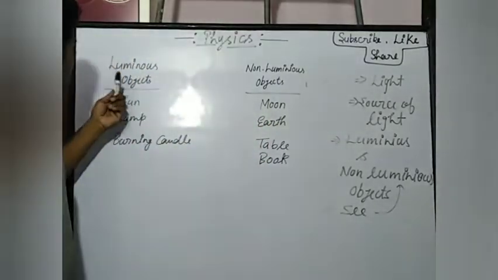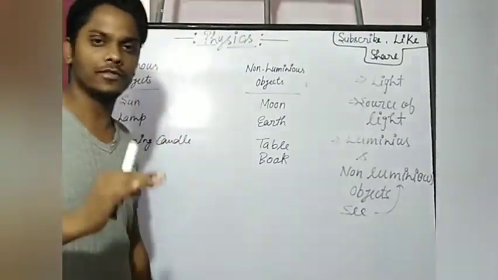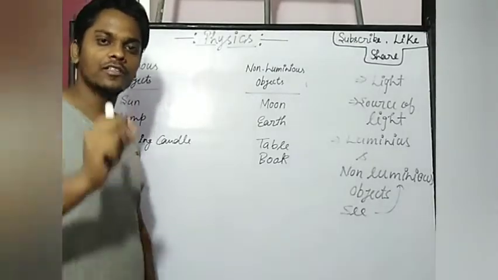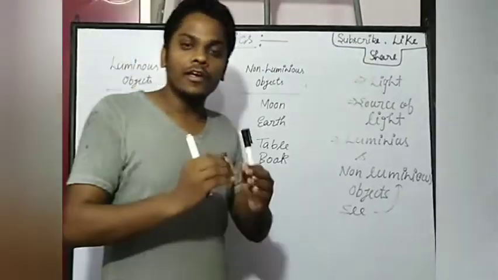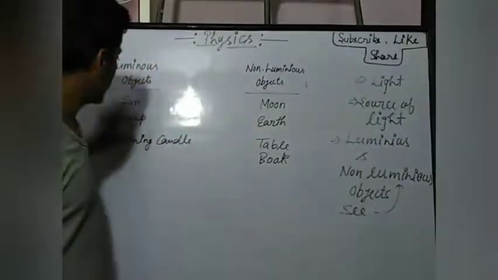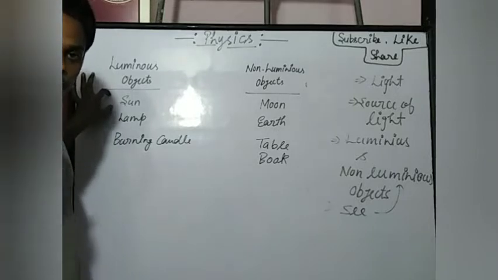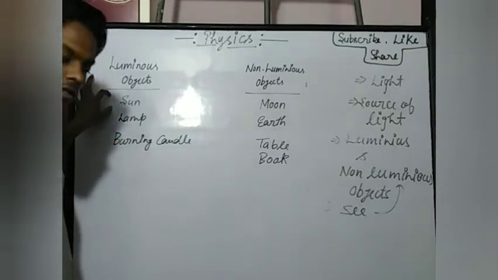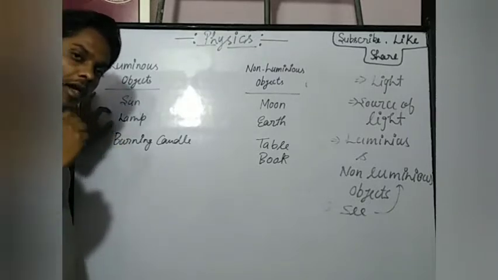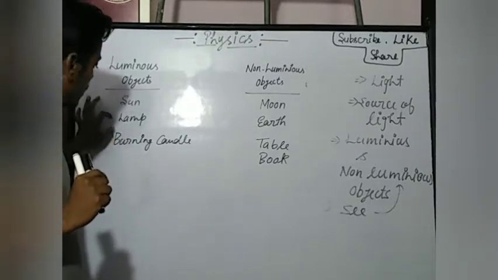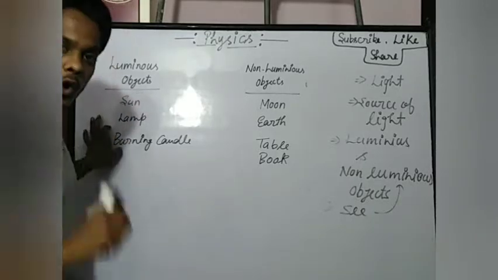Luminous objects are those objects which have their own light, like the sun. Sun is not getting any kind of light from any other source. Lamp is also the same. Lamp has its own light. Burning candle also has its own light.